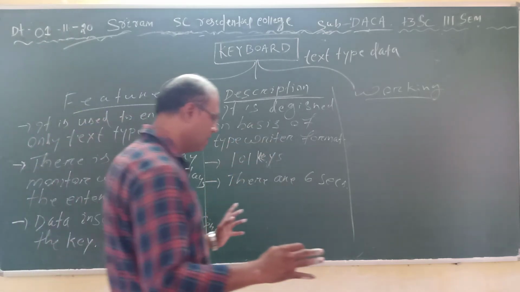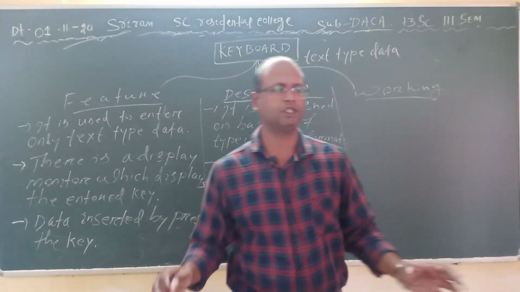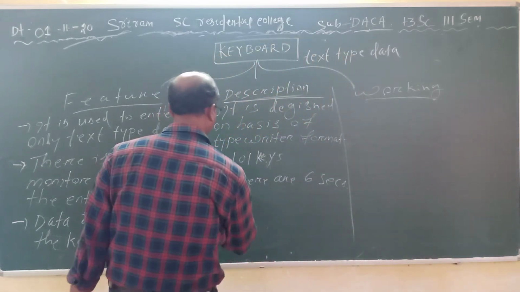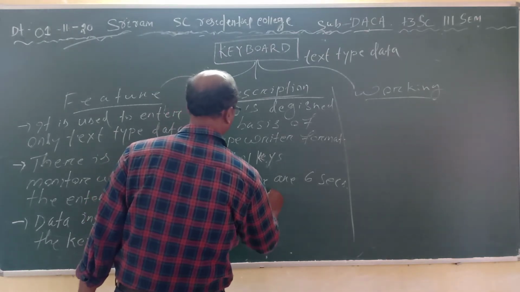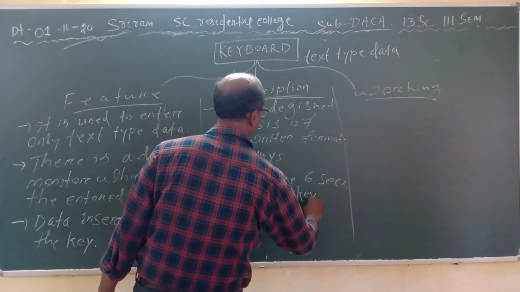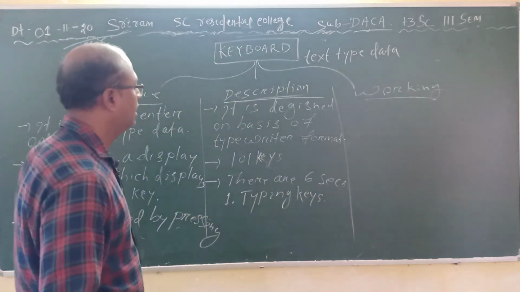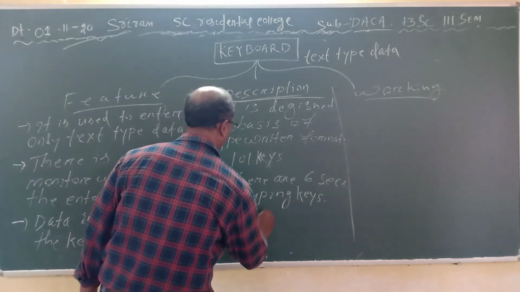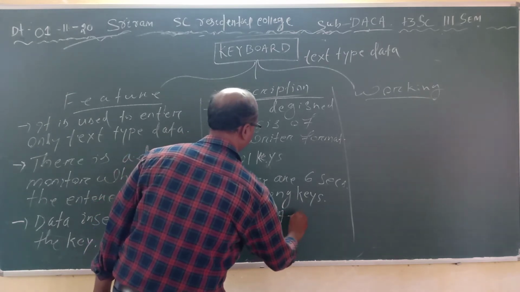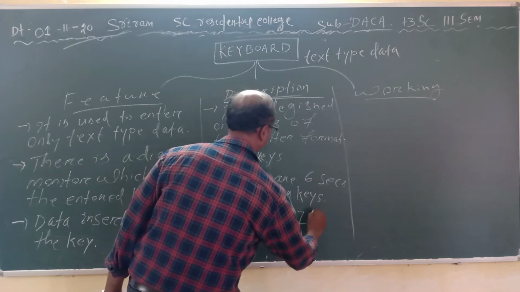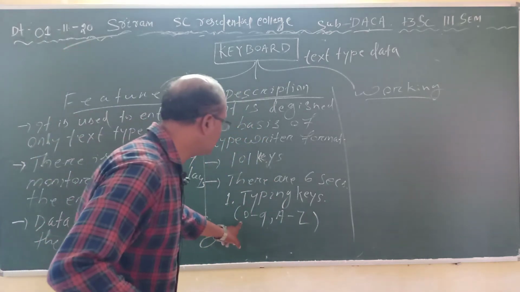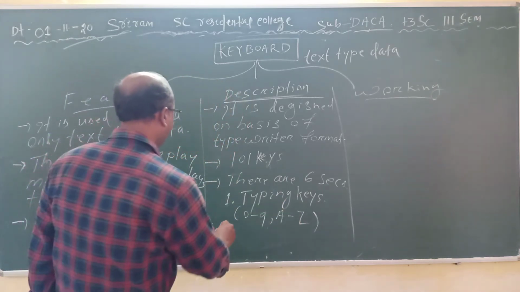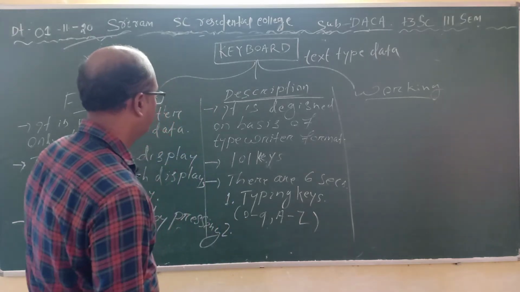The typing keys include digits and characters or alphabets, that is 0 to 9 and A to Z. These are the typing keys, the main keys that we see. And the second part is the numeric keys.